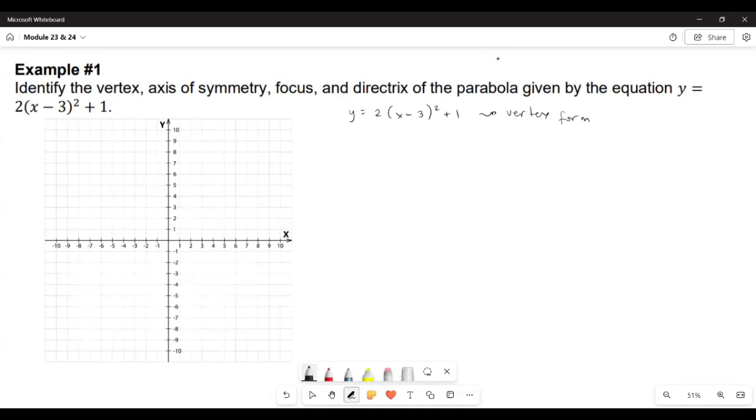Okay. So, gaya ng sabi natin kanina, kung ano yung may squared, x or y, doon yung opening, doon natin malalaman kung open upward or downward, to the right or to the left, ang ating parabola.